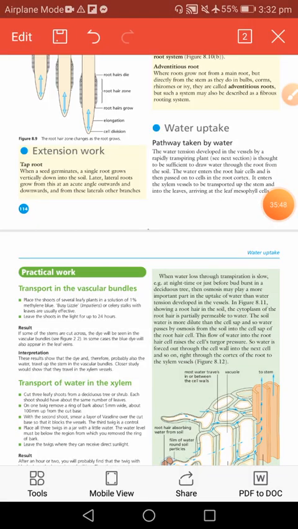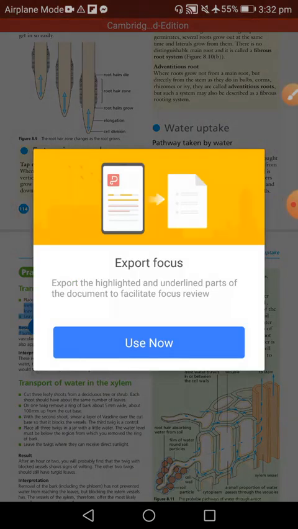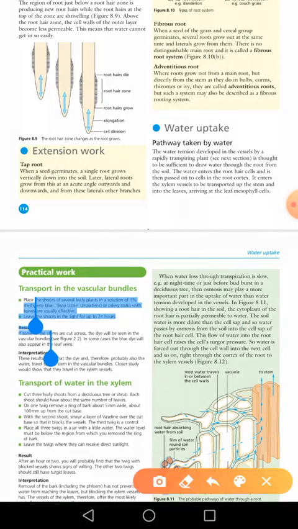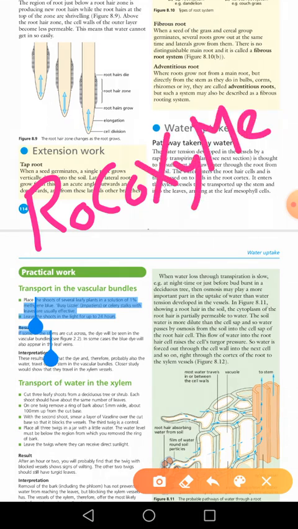In short, the water travels from the roots in this simple manner. The simple shortcut is the rhizosome.